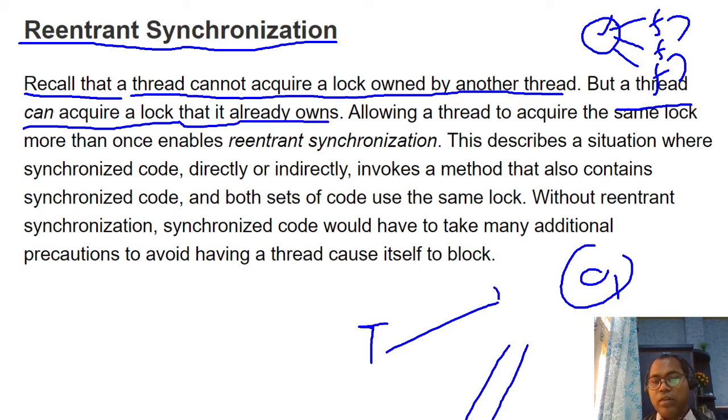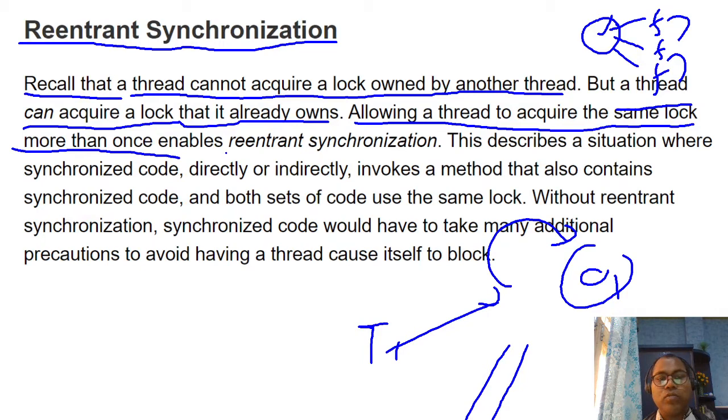If t1 tries to acquire the lock of this instance again, it can. So a thread can acquire the same lock more than once. That is known as a re-entrant lock or re-entrant synchronization.